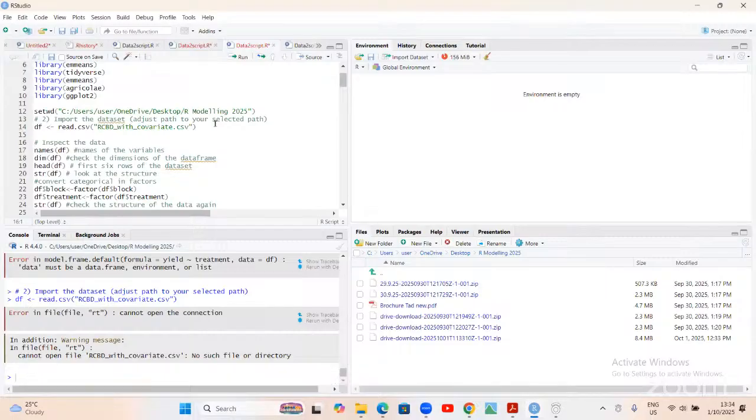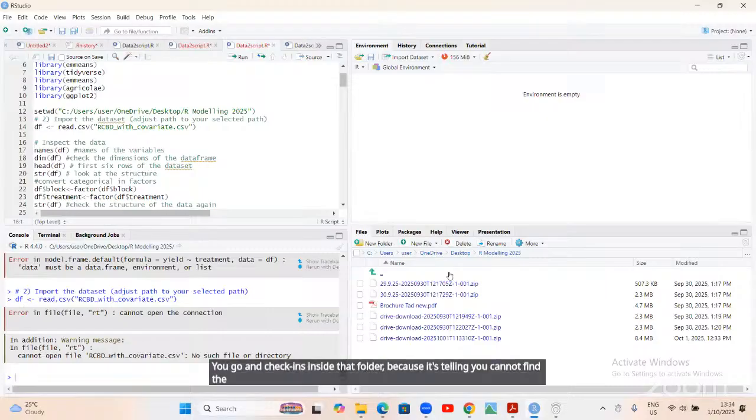Can you go to where the data is? It's in this folder. ARA modeling 2025. But how come it's telling you that you cannot connect? If it says it cannot find the file, that means it's not there.